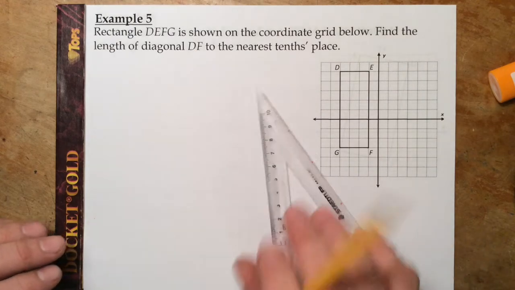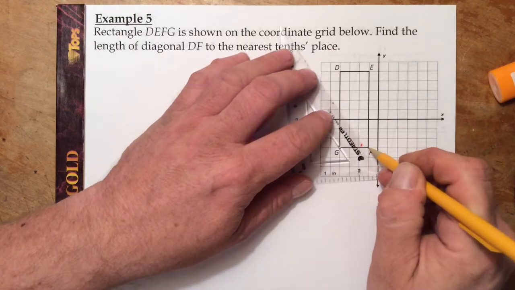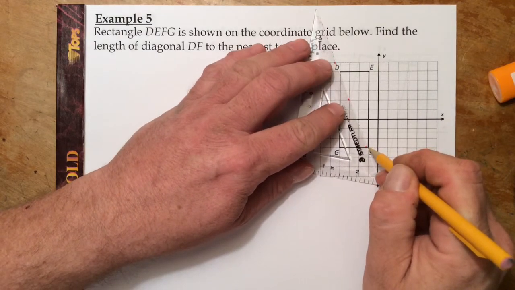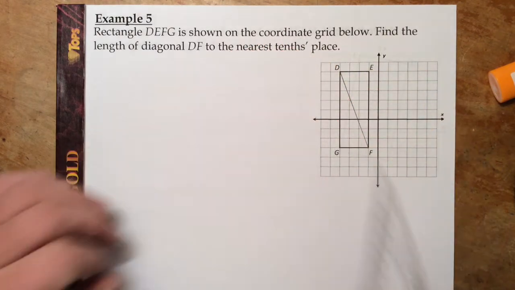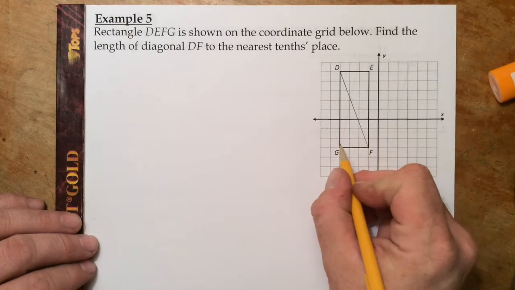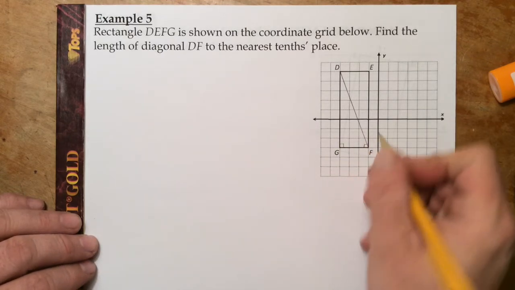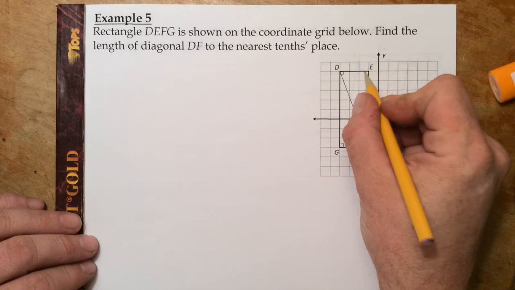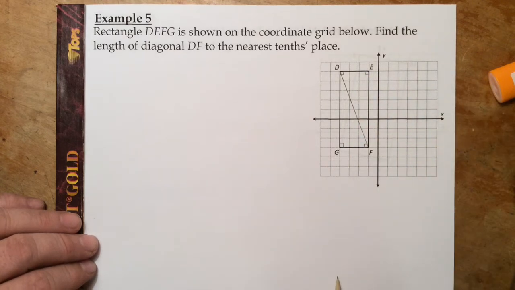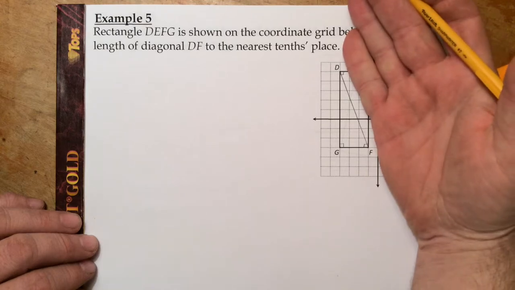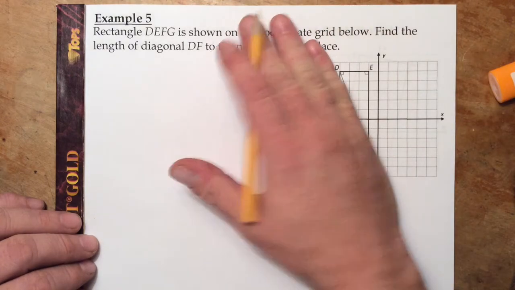So take your straight edge and draw diagonal DF. Remember, rectangle, all right angles. And notice we have created 2 right triangles. Take one of those right triangles, triangle DGF, or you can take the other one.